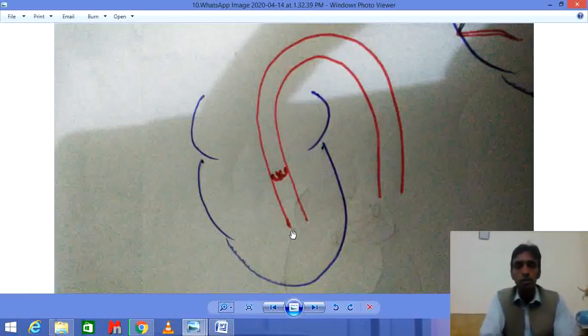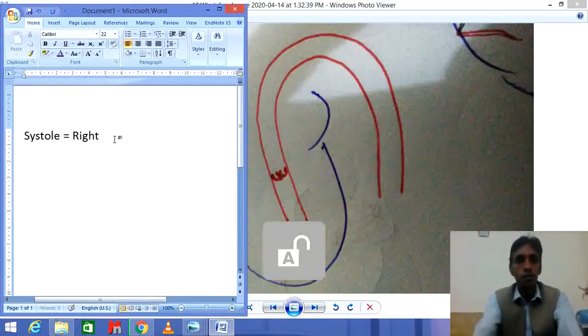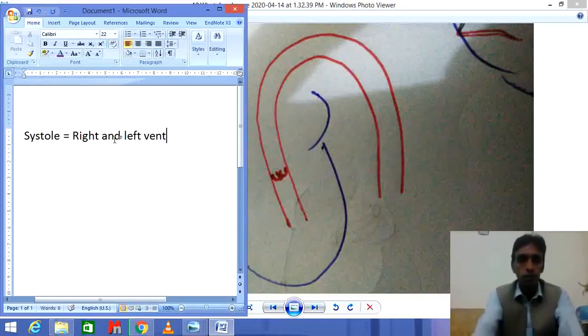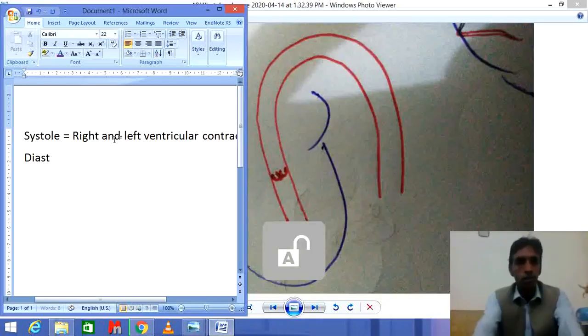Systole is the contraction of the right and left atrium, right and left ventricle. Right and left ventricular contraction is called systole.